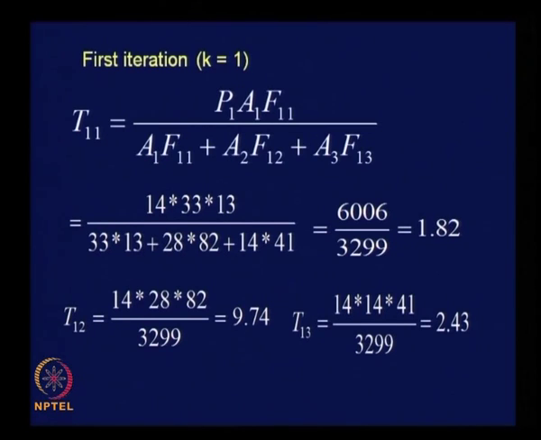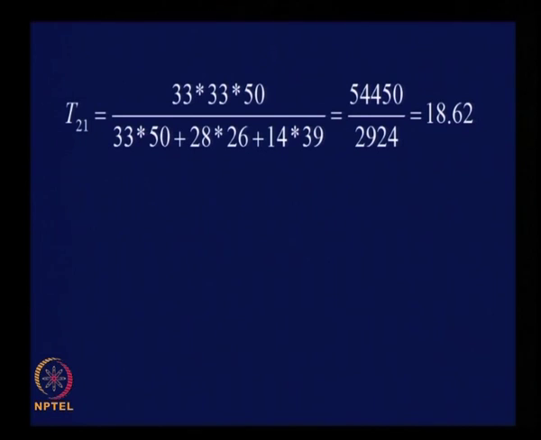And similarly, let us do the calculations for zone 2. T21 is 33 into 33 into 50. 33 stands for what? T21 is nothing but Tij.